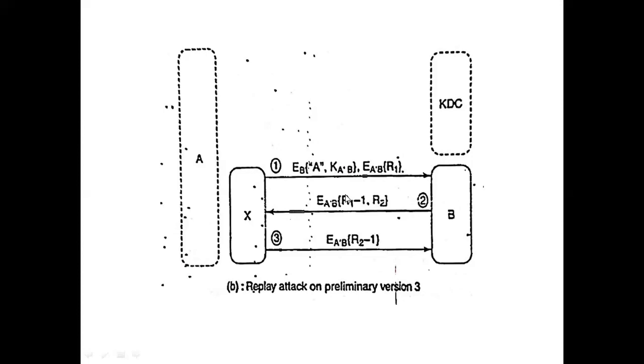Because X has the session key, he responds to the challenge by encrypting R2 with the session key. So B receives the response and is convinced that he is talking to A.